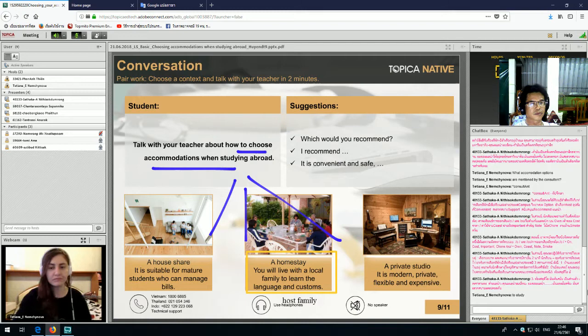You will learning language and customer and culture from host family. Yeah, that's really good idea. I think that's very important, right? When you go abroad to the new country.